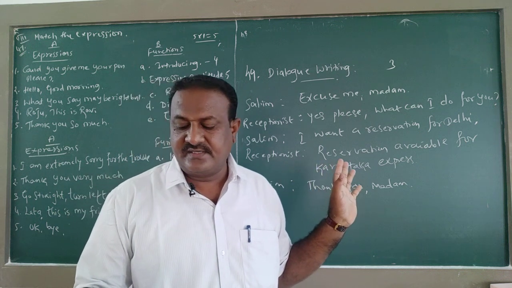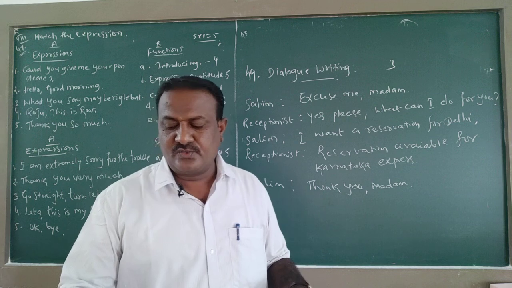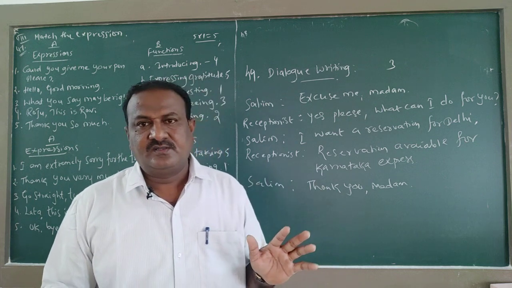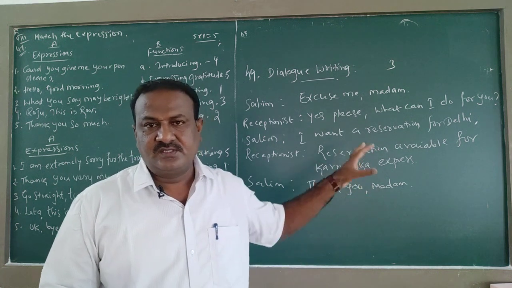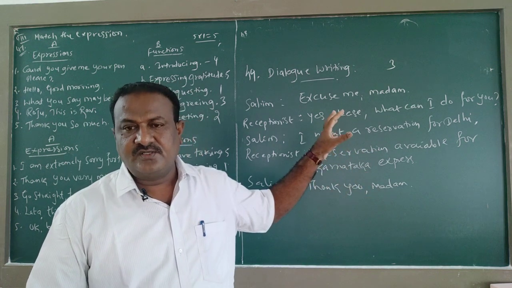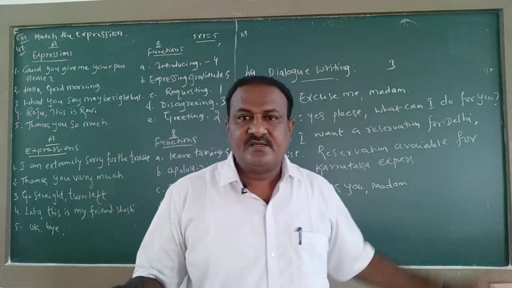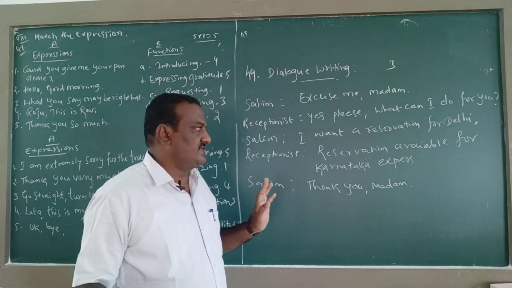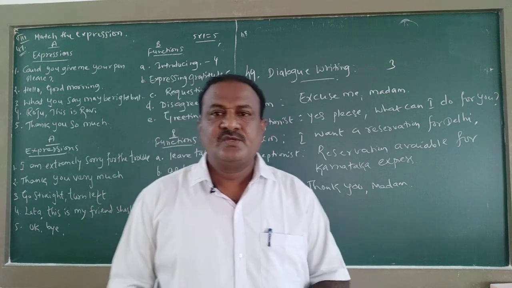Please give train details for this Sunday. Whatever, according to the situation, you have to write any suitable conversation. Then receptionist: Reservation available for Karnataka Express. Then Salim will say, thank you, madam.